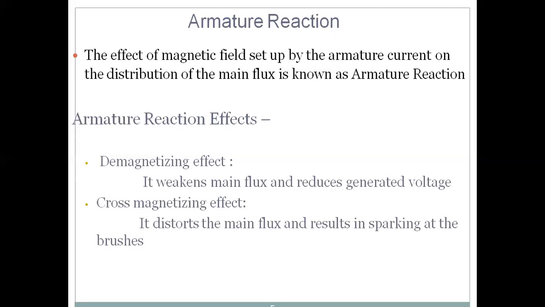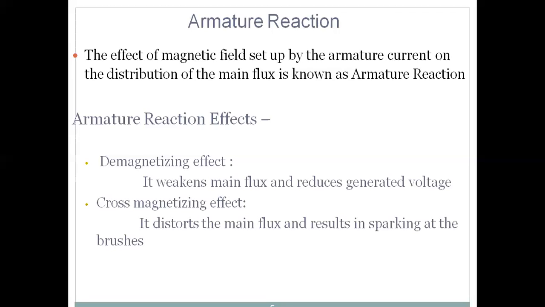Cross magnetization means the main flux distorts, and this results in sparking at the brushes. The main flux is one flow of magnetic flux.